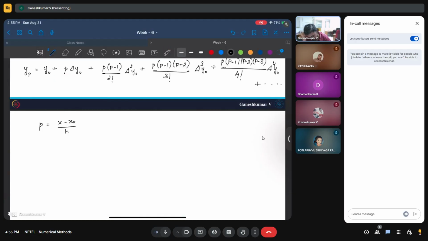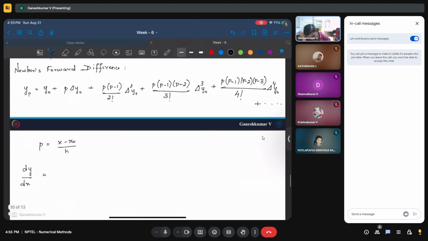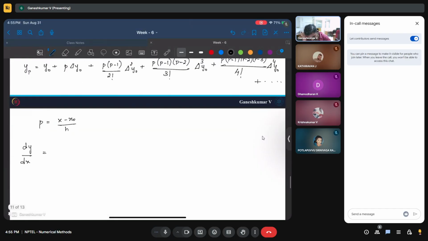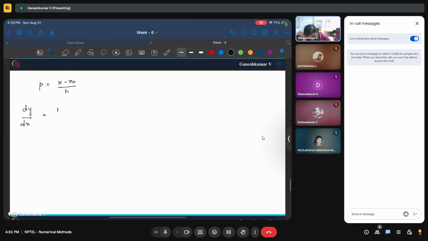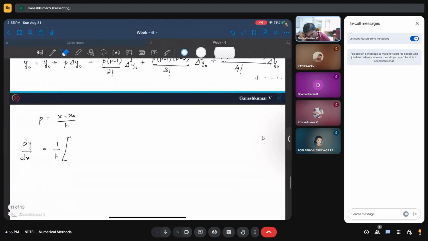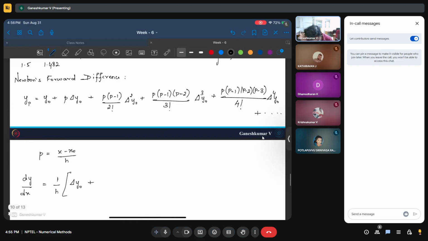So if you differentiate it, dy by dx equals, the first term will go away, the second term will become 1 by h, which you can write outside, and x minus x naught into delta y naught, that will simply be delta y naught. And plus you have p into p minus 1.